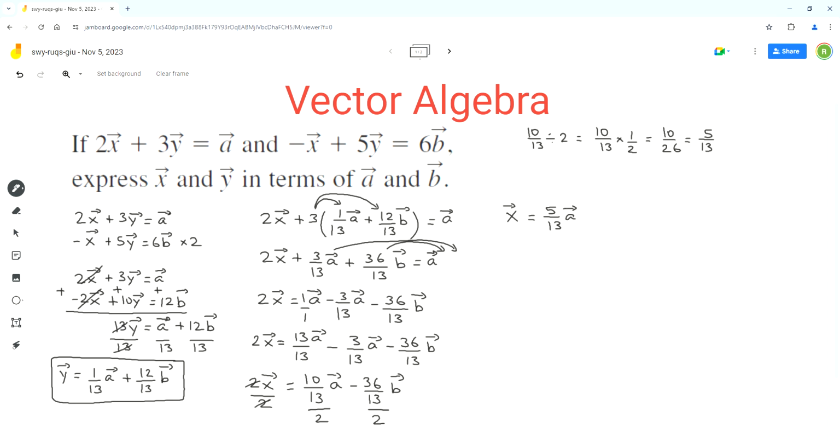Now we can do the same analysis for vector b. So for vector b, I got the coefficient 18 over 13.